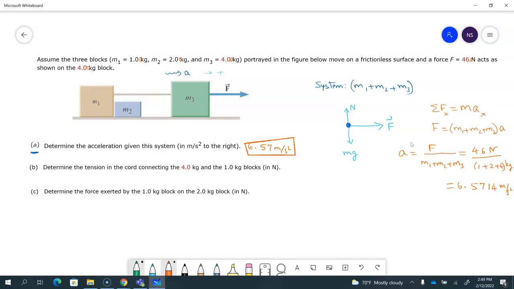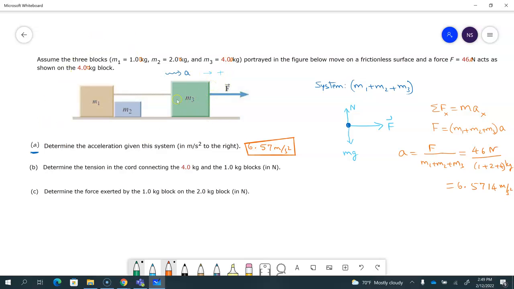Okay, so once I'm done with the acceleration, then I want to get the tension in the cord. So I want to choose my system such that the tension is one of the external forces on it. I can't choose the whole system for tension to show up. So I have options.